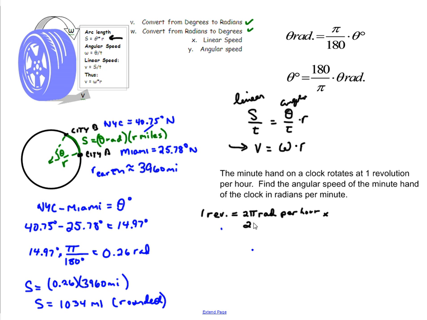So 2 pi radians per hour is multiplied by hours per 60 minutes. So our speed right here is going to be 2 pi divided by 60, or if we care to reduce it, pi over 30 radians per minute.